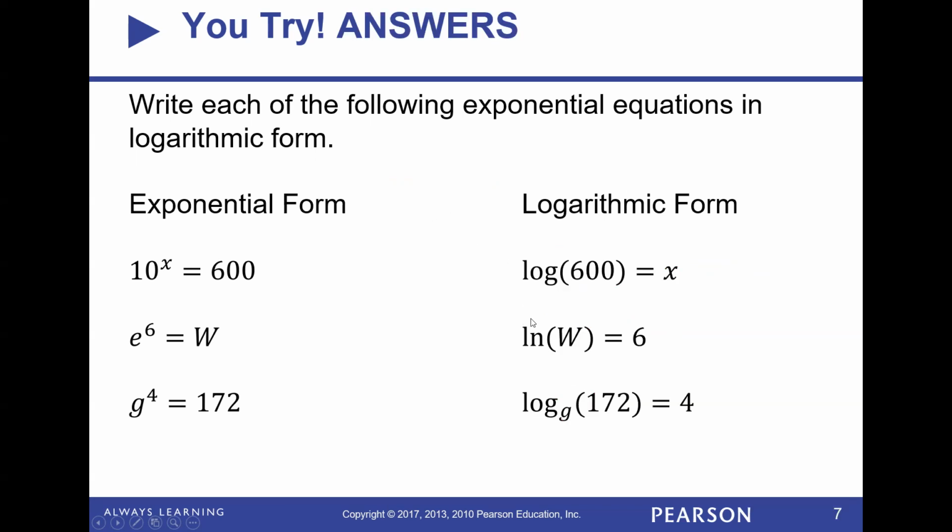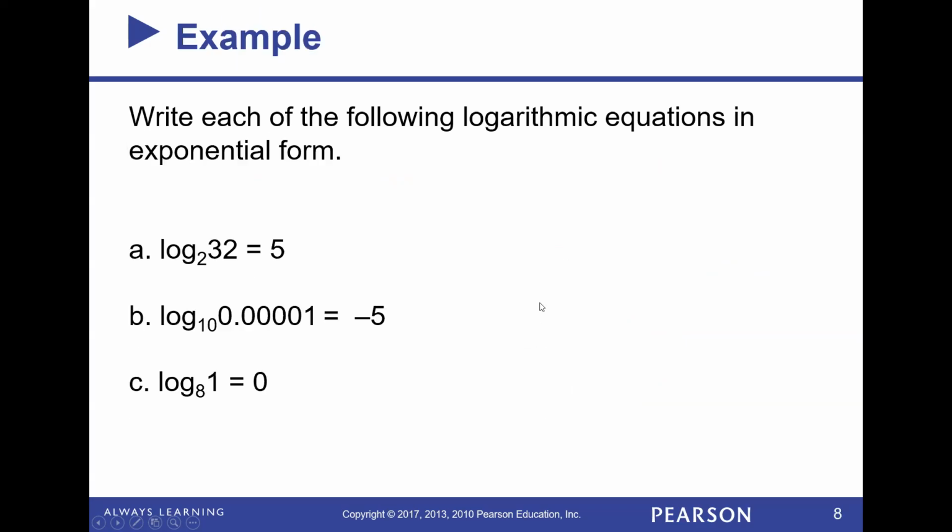Again, we learned a little bit about these previously, so just keep in mind that instead of writing log base 10, I would write log, and instead of writing log base e, I'd write ln. And again, this is ln, not in. It's natural log. If you can go one way, you've got to be able to go the other way as well. I suggest every time that you work on these, you write down that format.